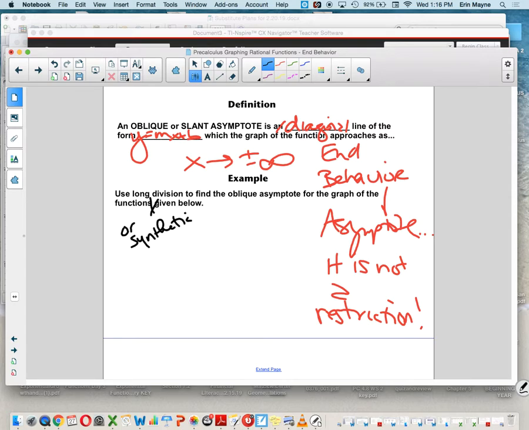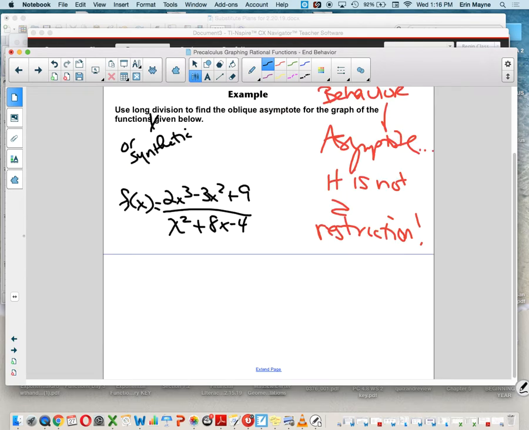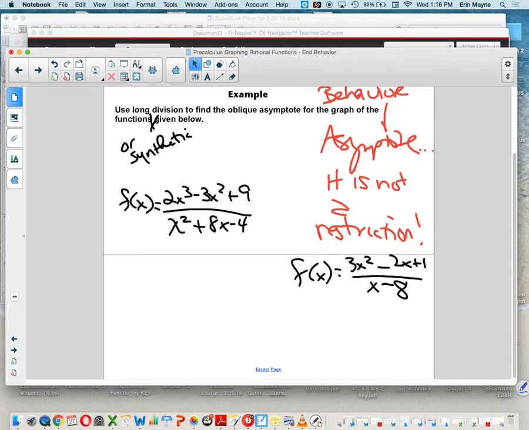The 2 that you're going to do are, number 1, f of x equals 2x cubed minus 3x squared plus 9 all over x squared plus 8x minus 4. And this one, f of x equals 3x squared minus 2x plus 1 all over x minus 8. Hit pause. Go ahead and find those oblique asymptotes.